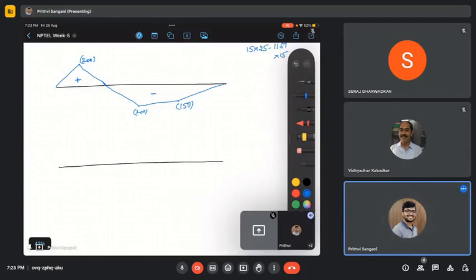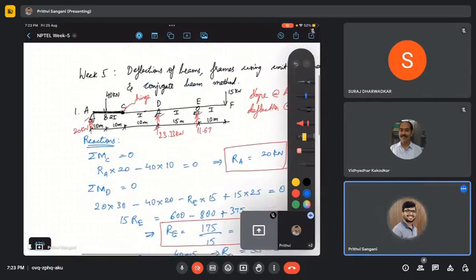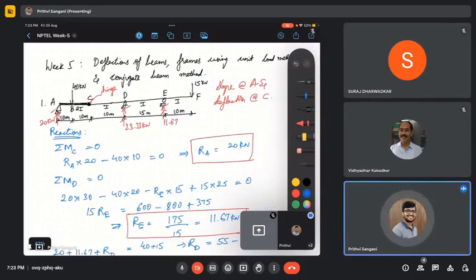So here it is 200. This is A, B, C, D, E, and F. So at B, the bending moment is 200. But if you remember, in the question we have given the AC section as having moment of inertia 2I, right?